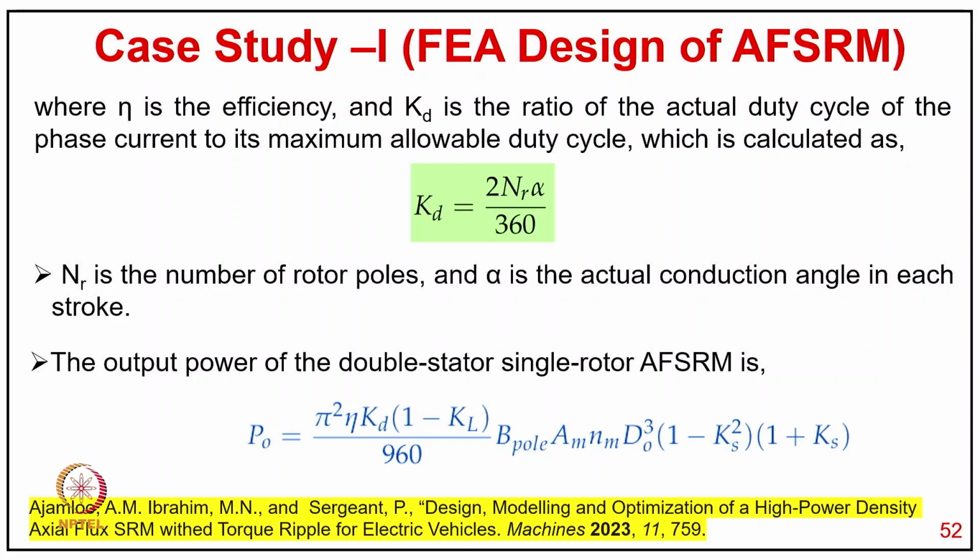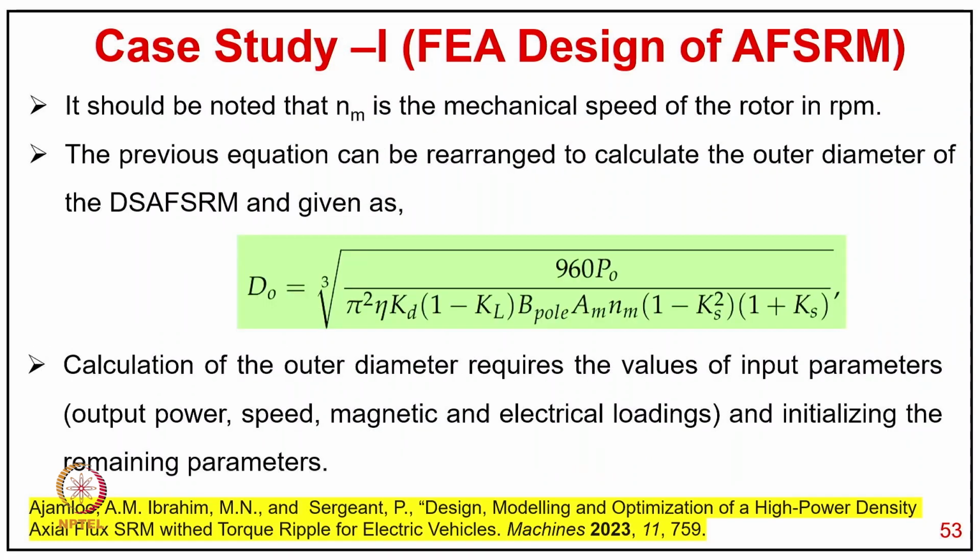The output power of the double stator single rotor axial flux reluctance motor is PO equal to π squared·η·Kd·(1 minus KL)/960 times βs·B_pole·AM·Nm·dO cubed·(1 minus Kc squared)·(1 plus Kc). It should be noted that Nm is the mechanical speed of the rotor in RPM.